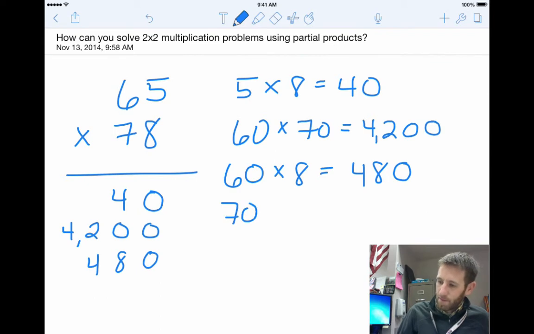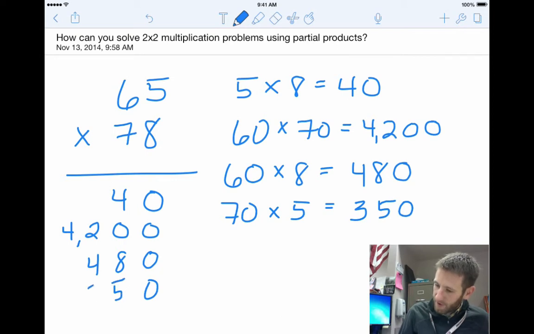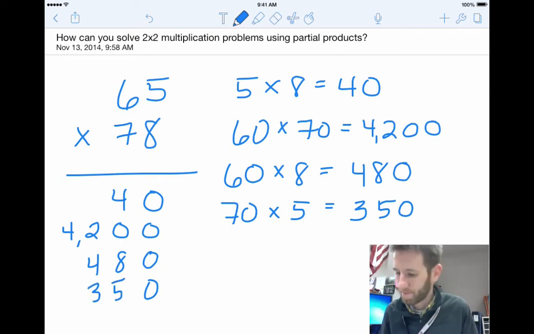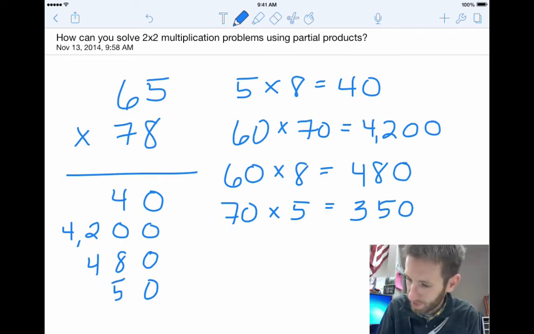Okay, and I'm going to multiply it by the 5, and I know that 70 times 5 is 350. Okay. And again, I'm going to line them up, and I'm going to, let's see, 0, 5, and 3. Okay? Actually, I'm going to make that a little bit neater for you here.